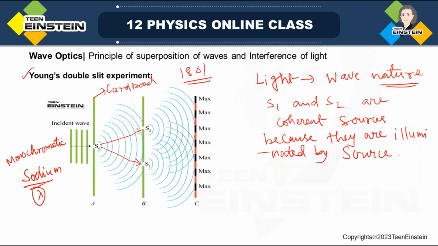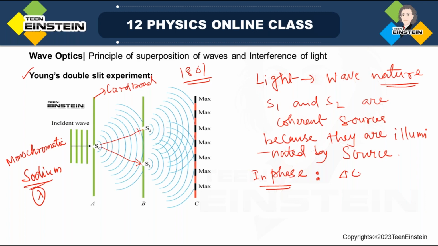Now, spherical wavefronts are emitted by each secondary source, and those secondary wavelets from the two slits are interfering. When they interfere in phase, or the phase difference becomes 0 or an even multiple of pi, then they are called in phase.